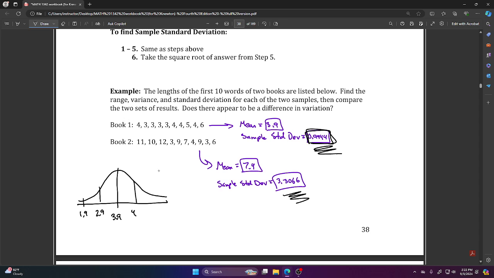Over here I got 4.9, 5.9. So I could say that 95% of all words, at least using these 10, would fall between about 2 and 6 letters. Is that what they're saying? Yeah, the length, so it would be letters. So 95% of the words in this book are from 2 to 6 letters. Does that make sense?